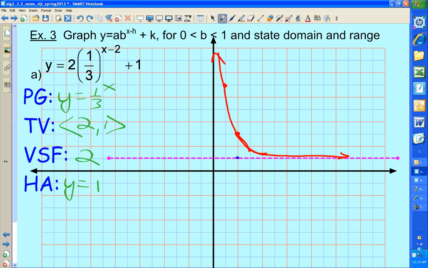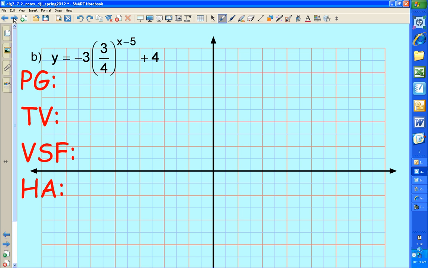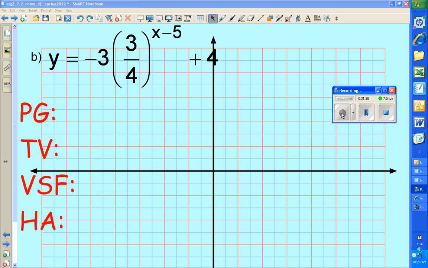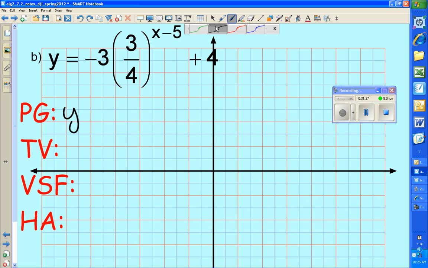Any questions on this example? Okay, try this one on your own. See how far you can get. If you're having challenges, then we can do the graph. Parent graph is y equals 3/4 to the power of x. That means right 1 up 3/4, right 0 up 1, left 1 up 4/3.